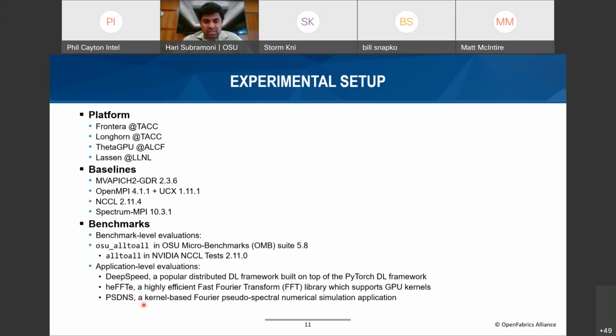And PSDNS, a very popular pseudospectral numerical simulation application, which scales to very large sizes. I think 2 years ago at SC, a work relating to PSDNS was nominated for the best student paper award as well. All of these applications have the capability to scale to a very large number of GPUs on modern HPC systems.